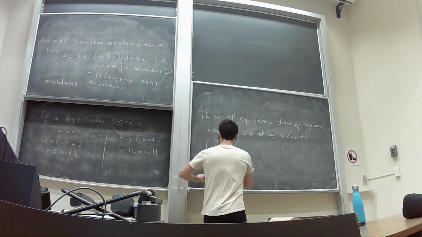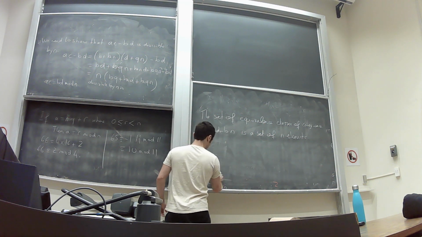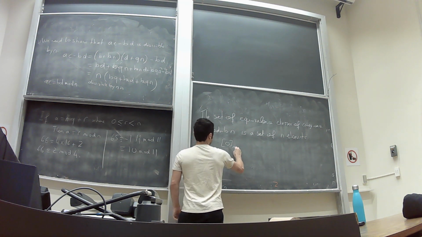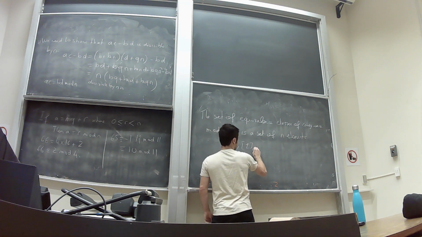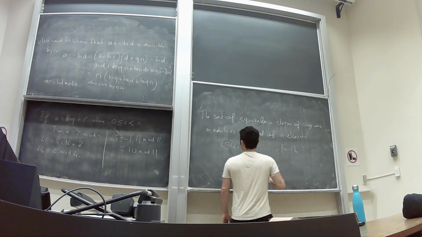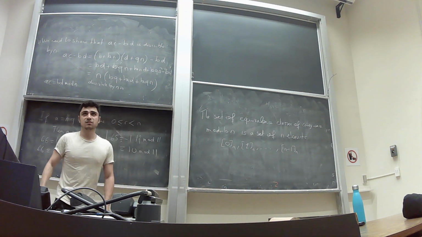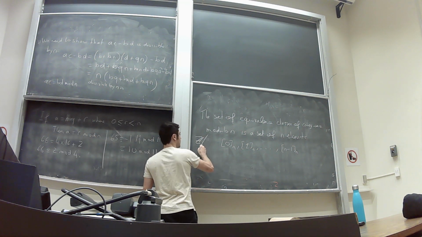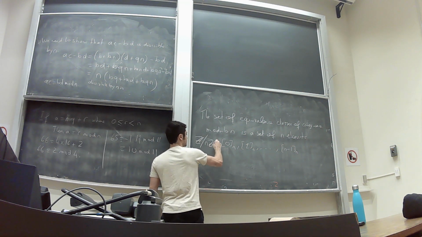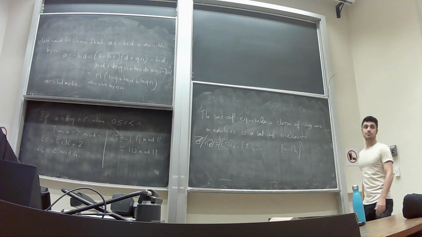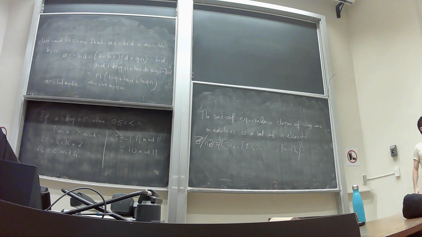Why did I write it this way? 0, 1 modulo n, and n minus 1 modulo n. We will call this set Z modulo nZ.